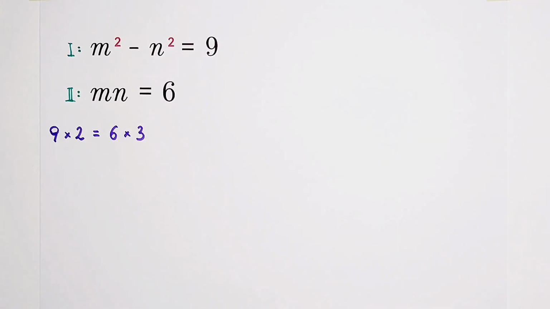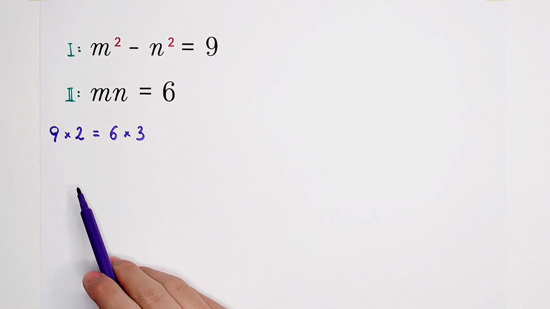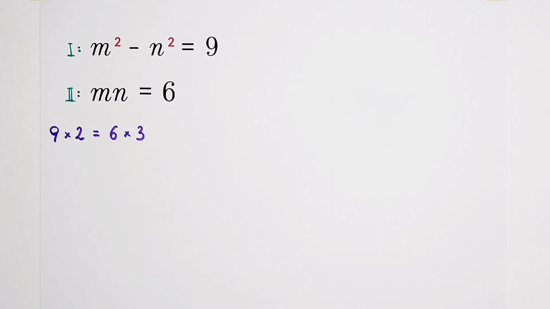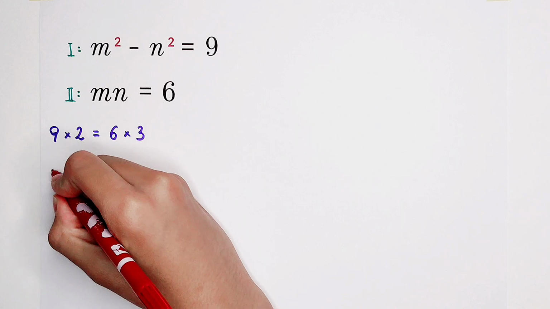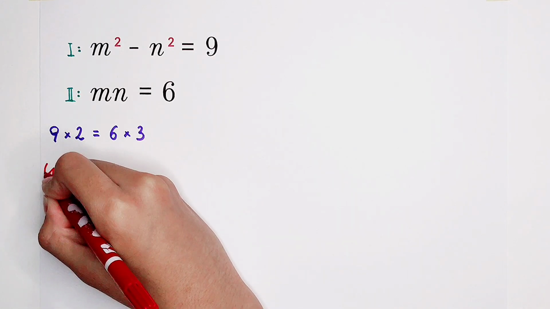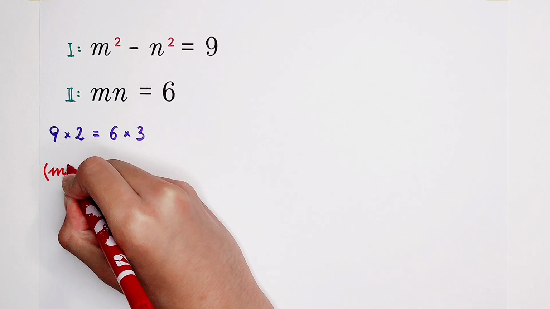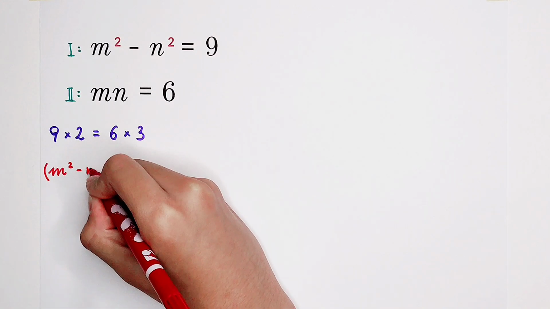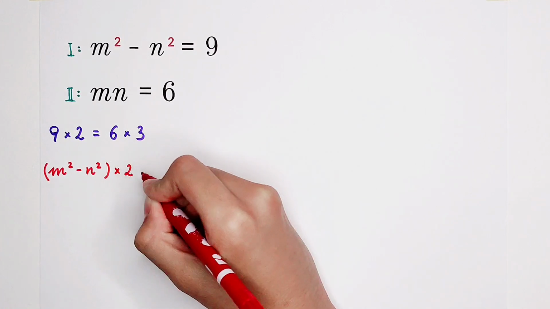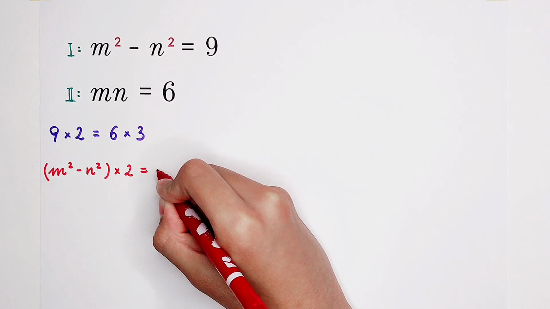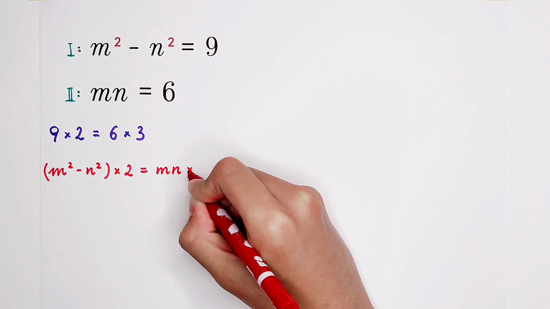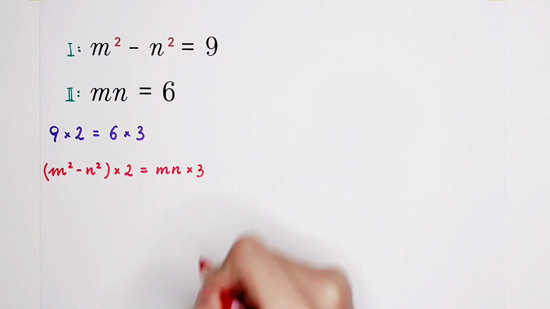The left-hand side of the first equation times 2 is equal to the left-hand side of the second equation times 3. So easy. Actually, with a bracket: (m squared minus n squared) times 2 is equal to (m times n) times 3.